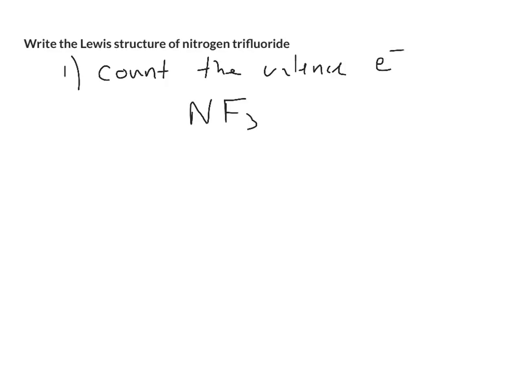If you look at your periodic table, nitrogen has 5 valence electrons, and fluorine has 7 valence electrons. There are 3 of them. Do that math, that is 26 valence electrons. So your Lewis structure has to have 26 valence electrons.